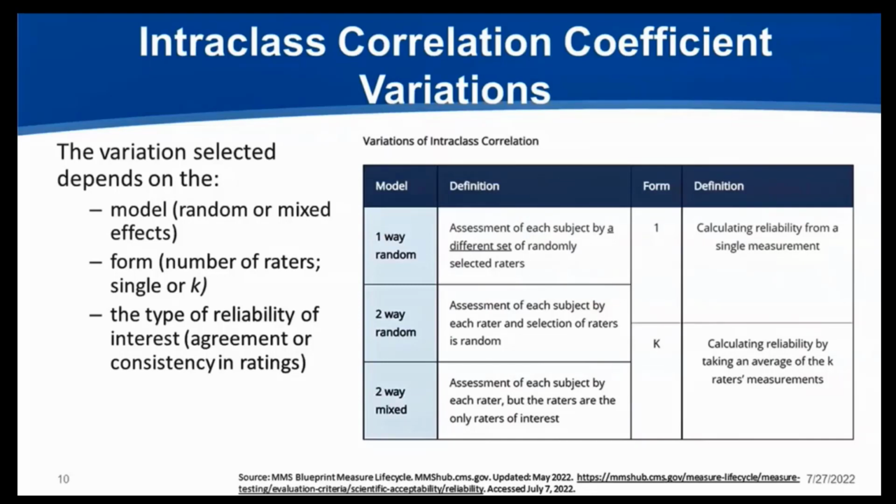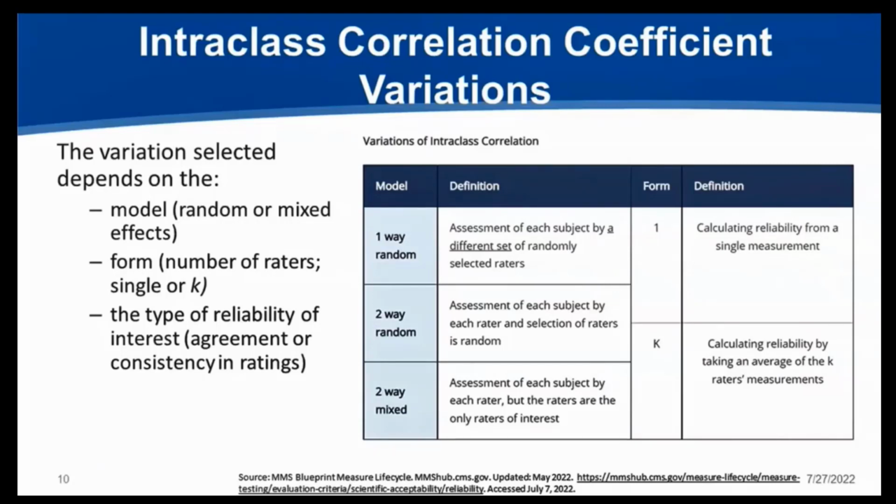And then the two-way mixed model is a subtle difference, when each rater is a specific rater of interest. It's less common to have this situation where you are only interested in the result of those raters, and they're the only ones that are ever going to be rating this measure. I would say this is a less common application.